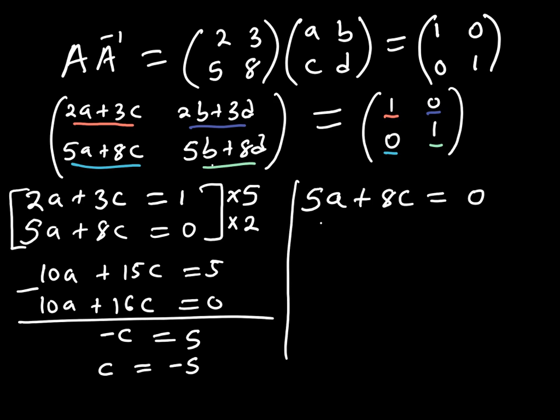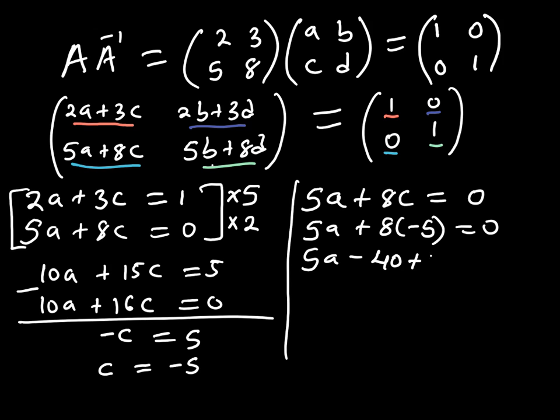So 5 times a plus 8 into negative 5 must be equal to 0. So 5a minus 40, since 8 times 5 is 40.